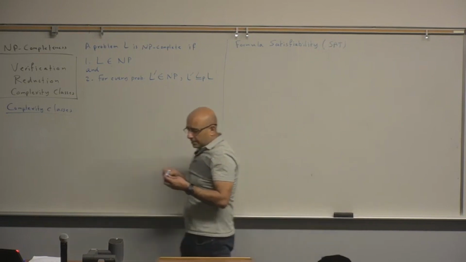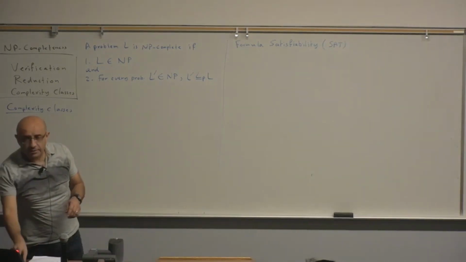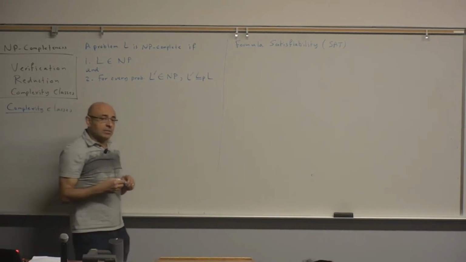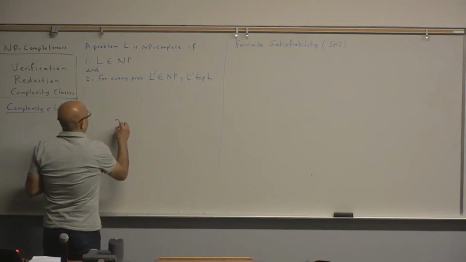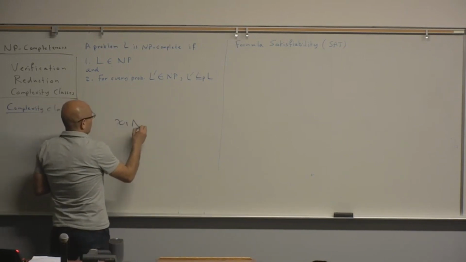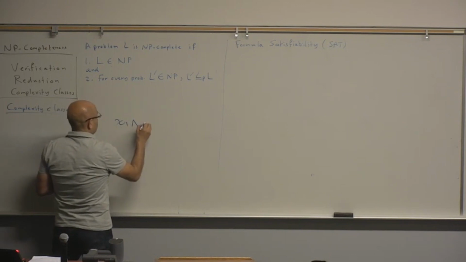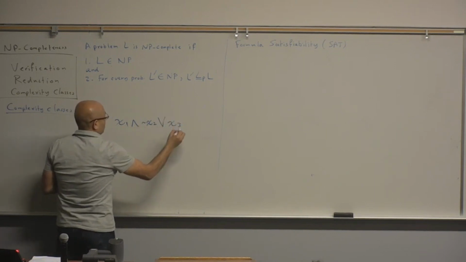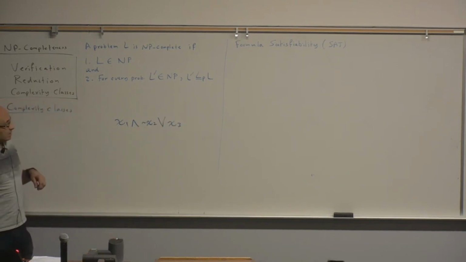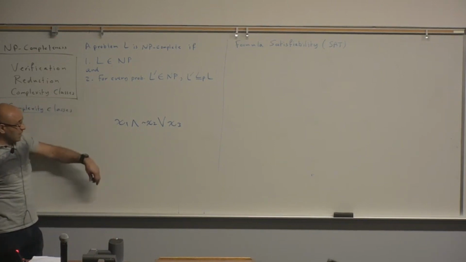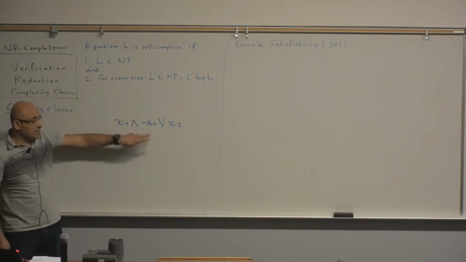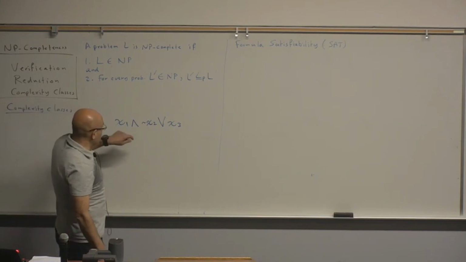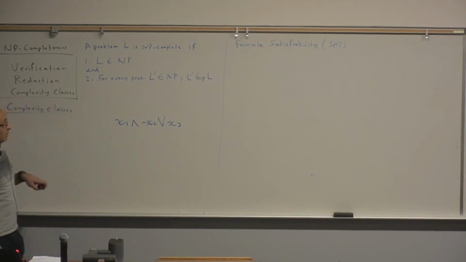What's formula satisfiability? You are given a logical expression, like x1 and not x2 or x3. So a logical expression that consists of ands and ors and logical variables, or Boolean variables. Is there any assignment of these variables that will cause this to evaluate to true?